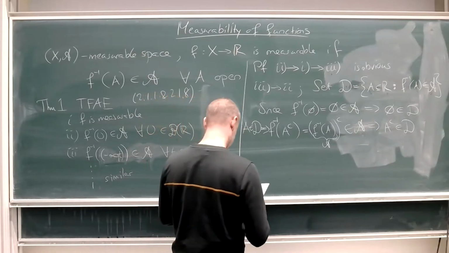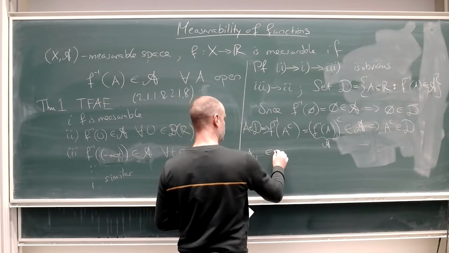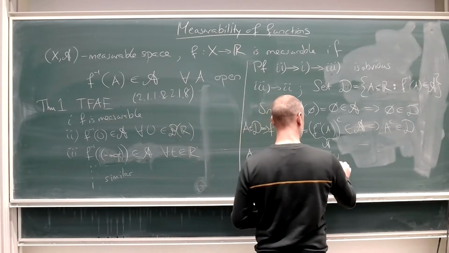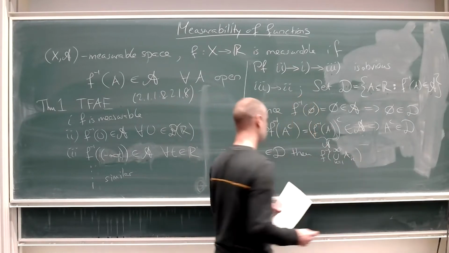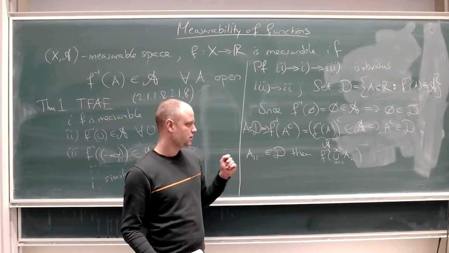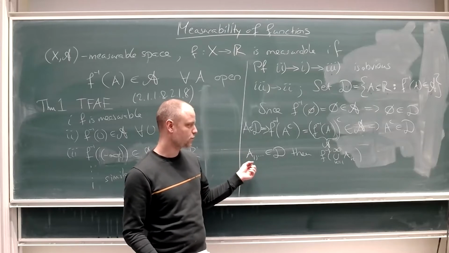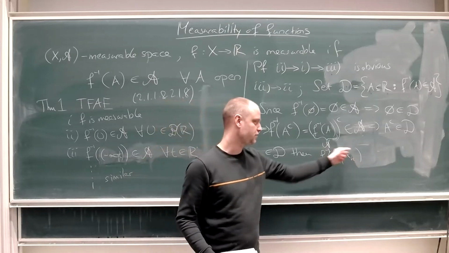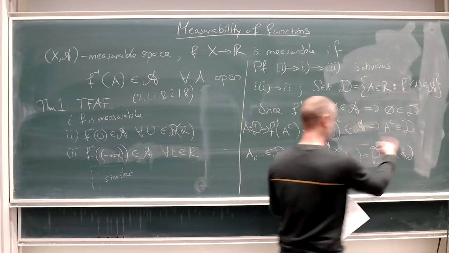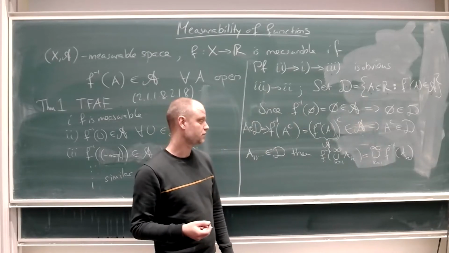And finally, if A1, A2, and so on are in D, so we have an infinite sequence of sets in D, then we want to prove that their infinite union is also in D. How do we do that? We look at the pre-image of the infinite union. That's going to be the same as the infinite union of the pre-images of the respective sets.